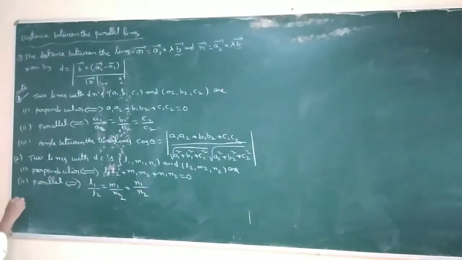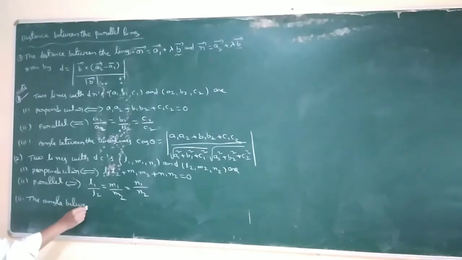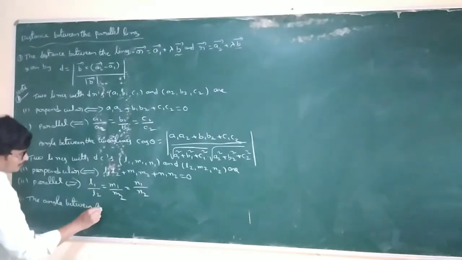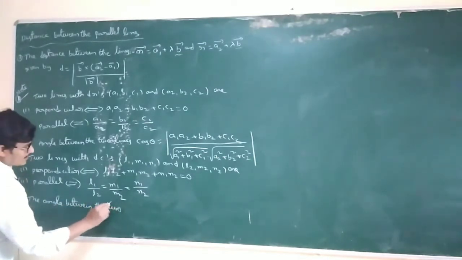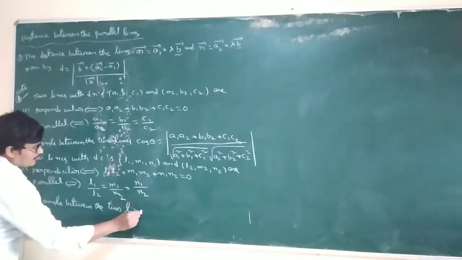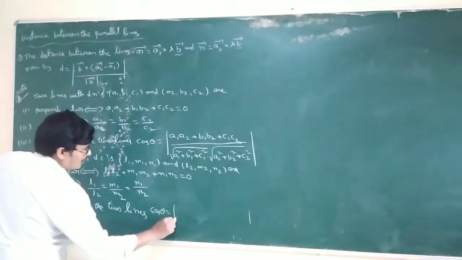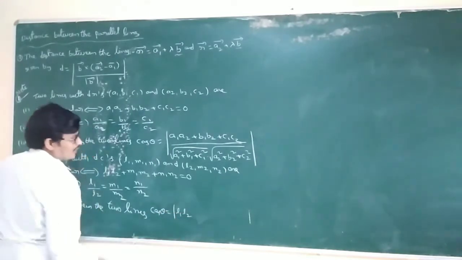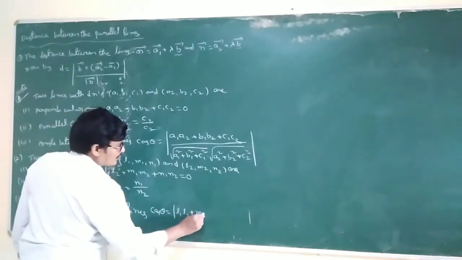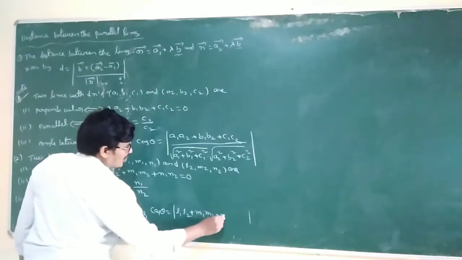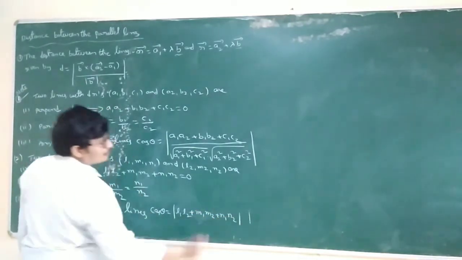Third one, the angle between the two lines. The angle between the two lines, cos theta is equal to the formula mod of L1 L2 plus M1 M2 plus N1 N2.